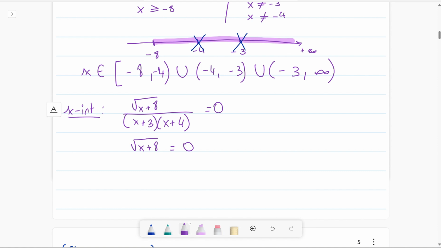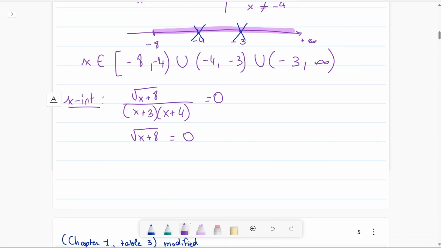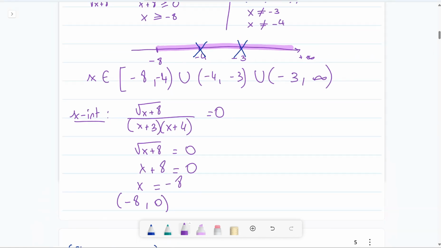So if square root of x plus 8 is 0, to solve this equation, the first thing we can do is square both sides. So now we get x plus 8 equals 0. X is equal to negative 8, so our x-intercept is negative 8, 0.